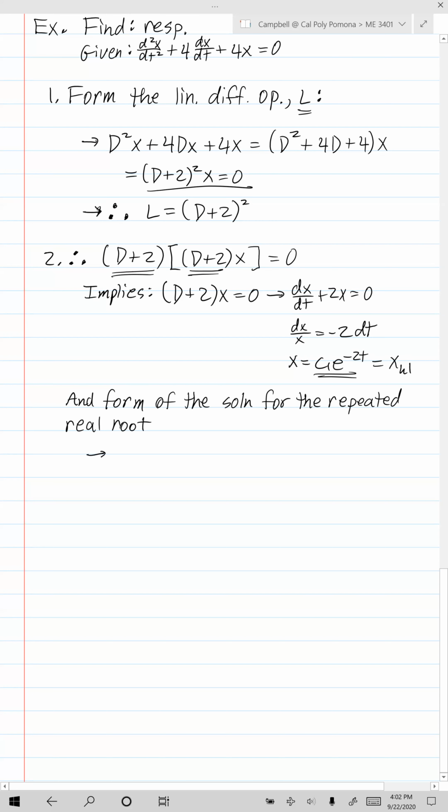Notice that this method has trouble with that. So it's easiest for us to go back to the development that revolved around developing the characteristic equation. And then we can recognize that xh2 is equal to c2 t e to the negative 2t.